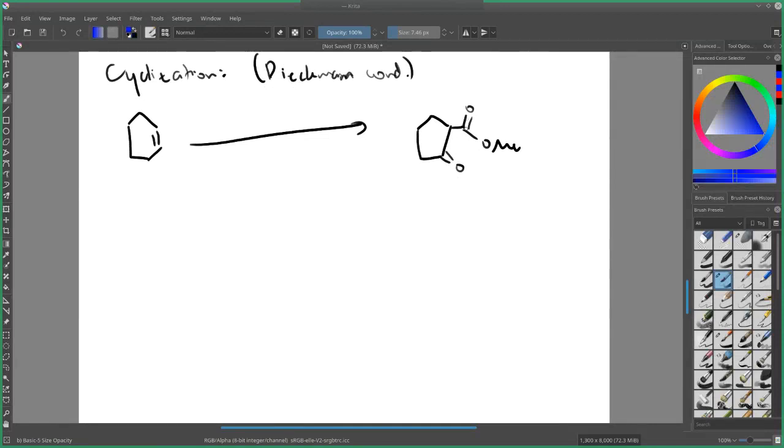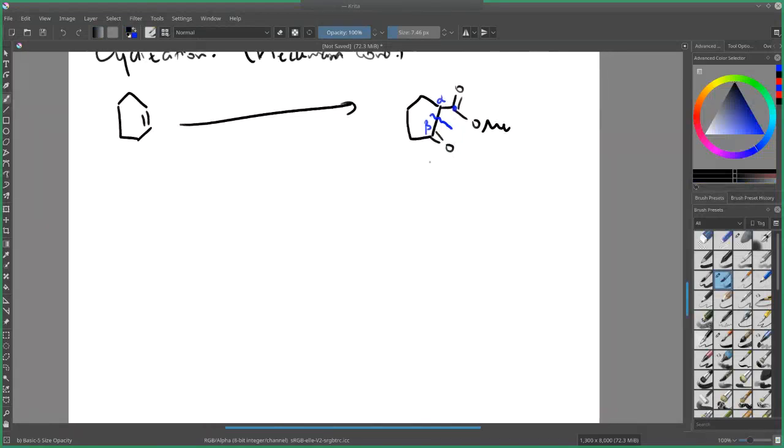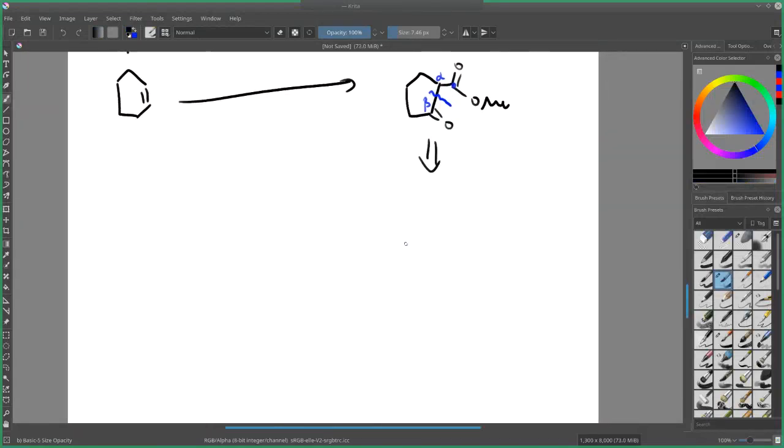All right. Here's our ester. So we go alpha, beta, and we break this bond. Okay. So we know going backwards that we must have come from an enolate that looked like this.